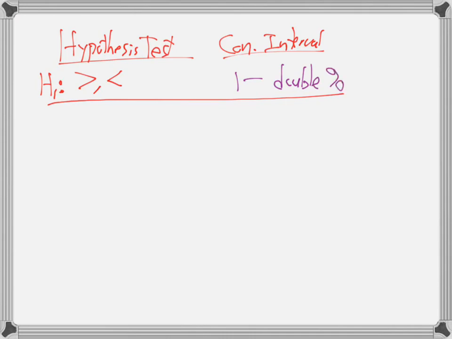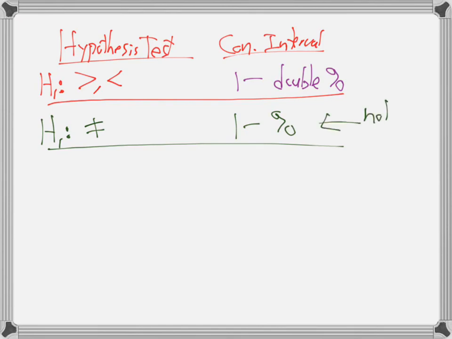Whereas, if H1 is a not equals kind, then that's 1 minus the percent, not doubled.